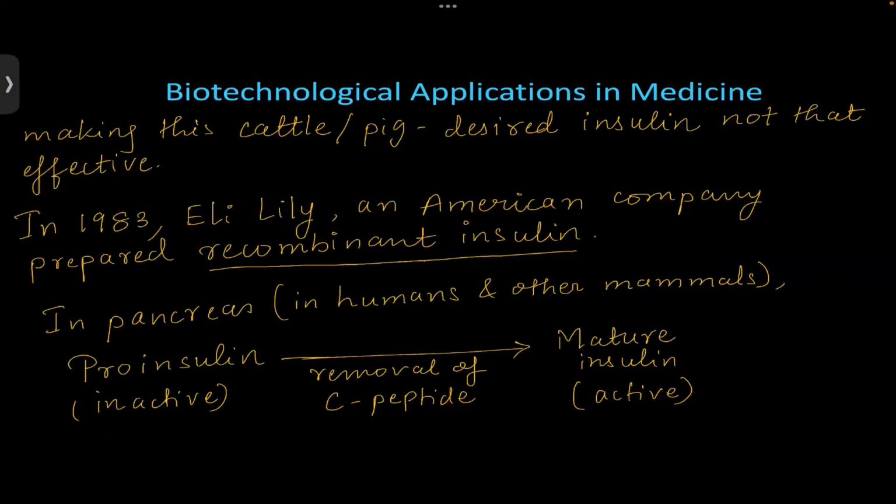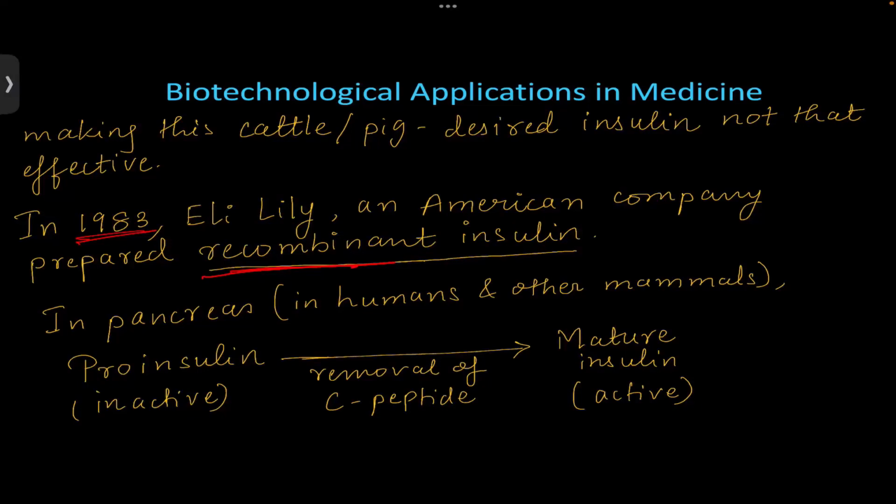So in order to prevent this critical situation, a few people in 1983 decided to use recombinant DNA technology to make recombinant insulin. It was first brought into the market by the company Eli Lilly.